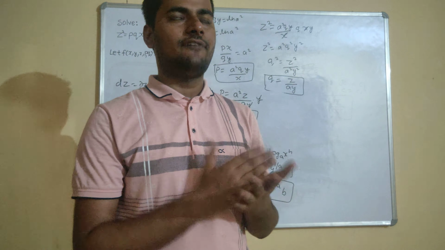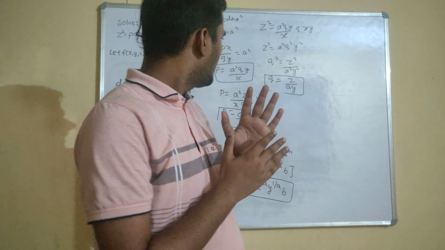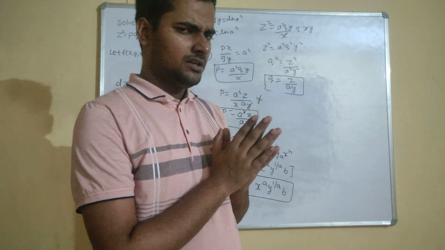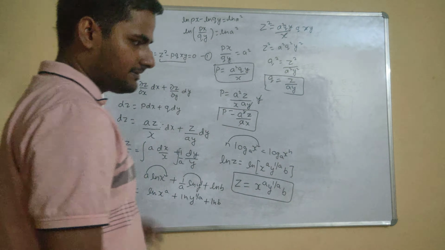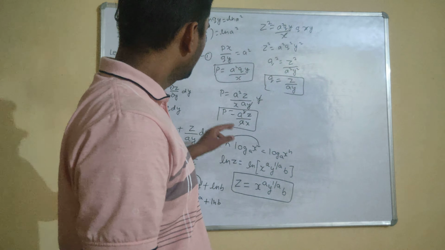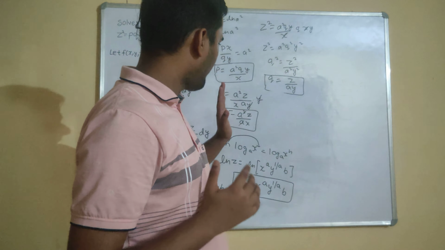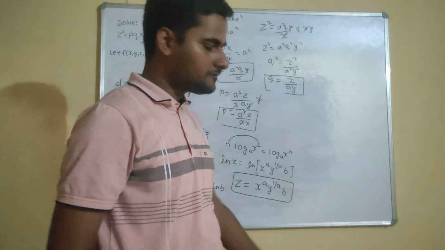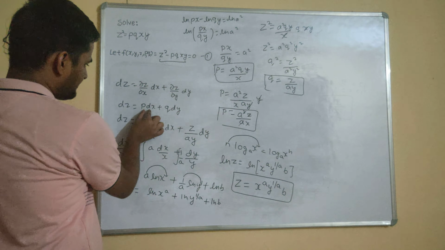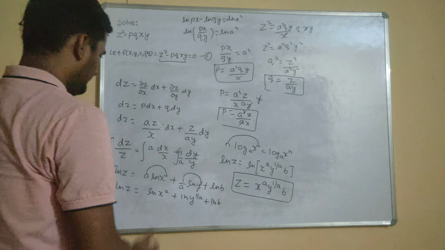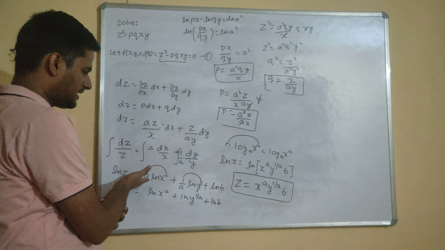From there on get the value of p in terms of x, y, z. P in terms of q will not work, as you saw in this case. I was stuck there only. So find p in terms of x, y, z, q in terms of x, y, z. Use this very useful equation, dz is p dx plus q dy. From there on the work becomes easy.